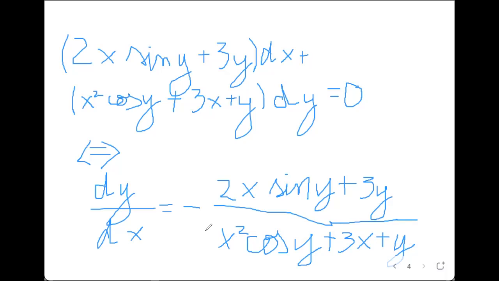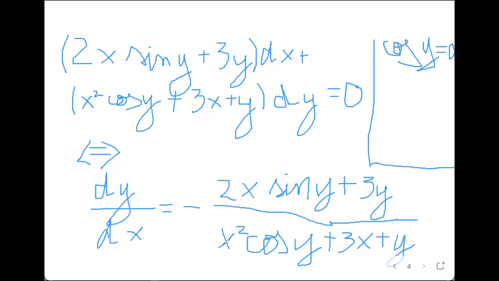Okay, so one possible way to get non-trivial values is to set cosine y to 0.